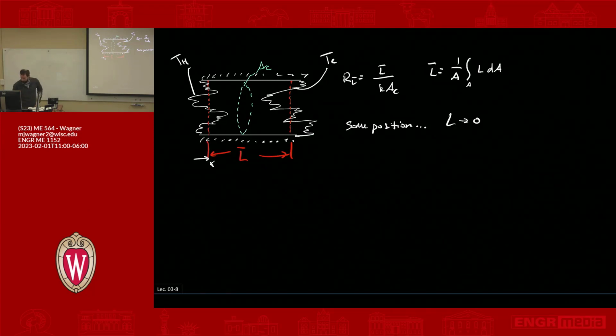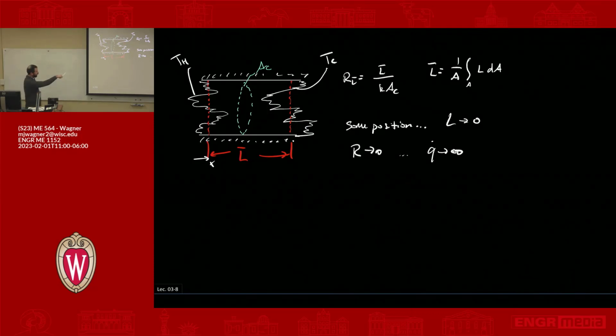So what happens to the actual resistance R if L goes to 0? It goes to 0. Right, so R goes to 0, which means what? Q dot goes to infinity.